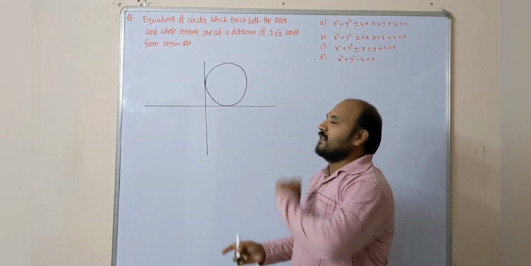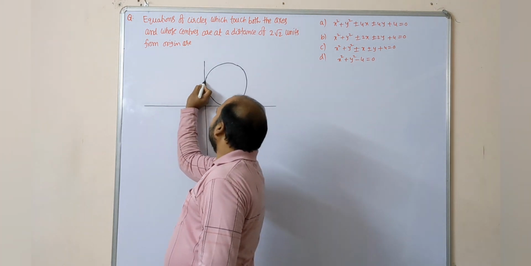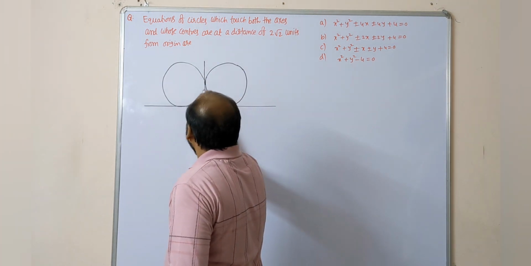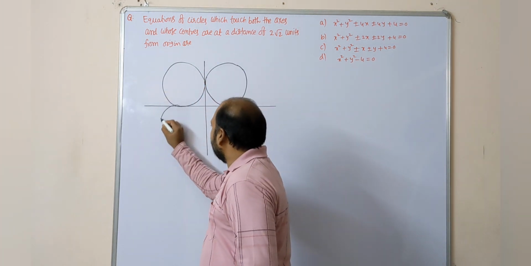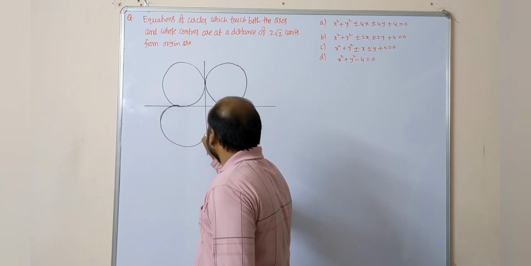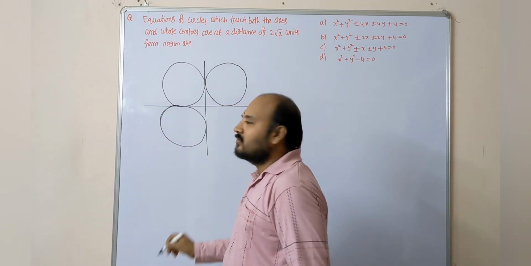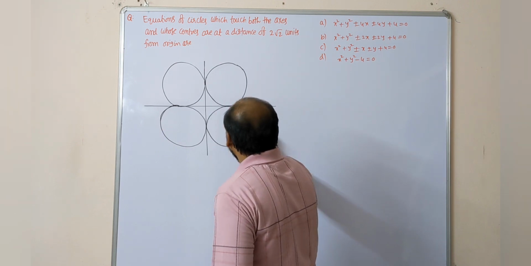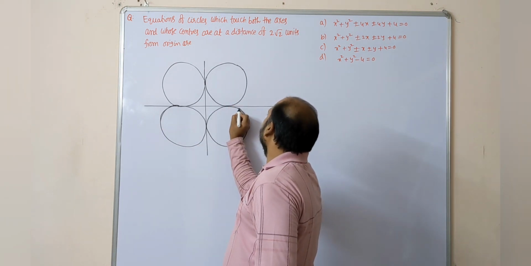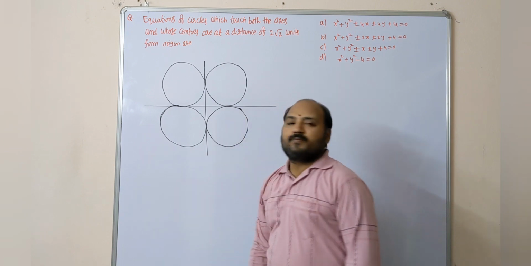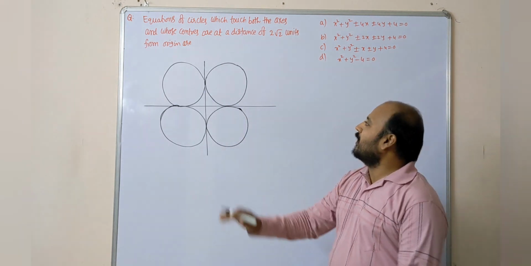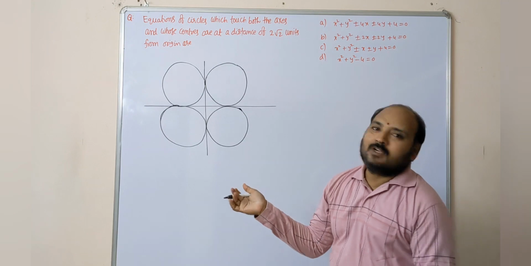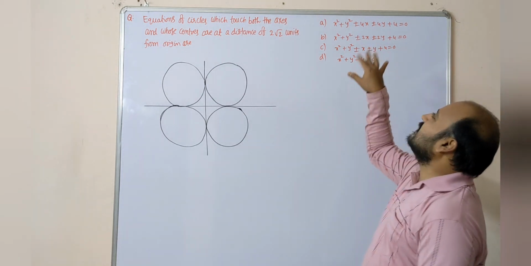The circle may be like this, or like this, or like this, touching both the coordinate axis only. Or the circle may be like this. So any of the circles may be the answer. So that's why plus or minus possibilities are given.